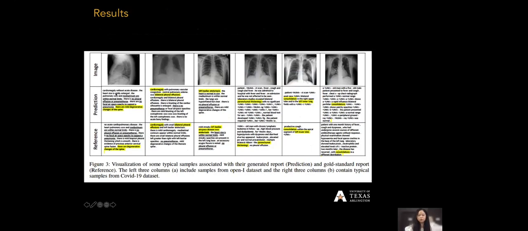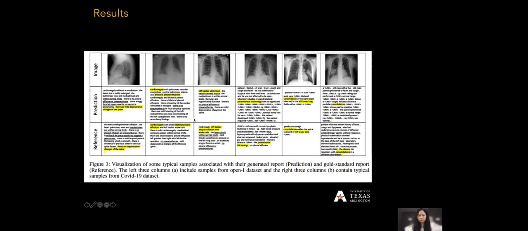Here's the input image, this is the predicted clinic notes, and the last row is the reference, which can be considered some sort of ground truth for the clinic notes captioning. We have highlighted the extracted keywords, which can be used to compare the two different clinic notes, the generated clinic notes and the reference clinic notes.